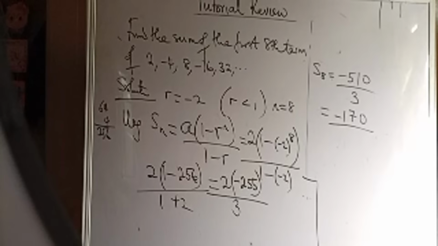So 3 can go into 510 as 170. I think that's correct. Yes. So the answer here, the sum of the first 8 terms of that geometric progression is minus 170. Okay.